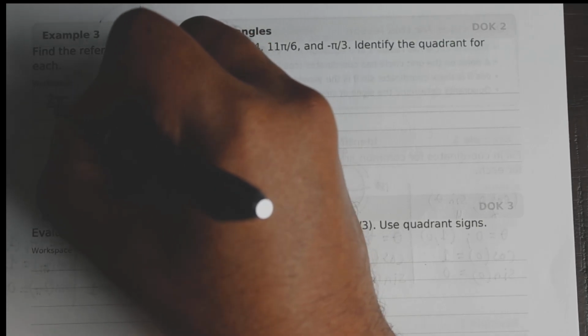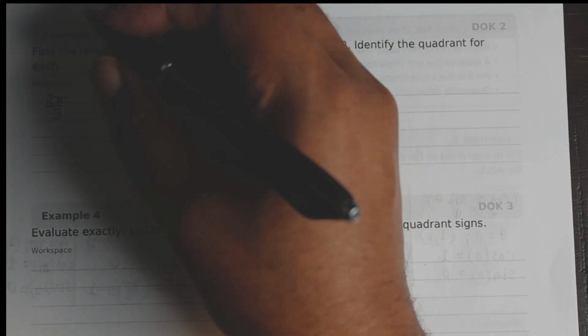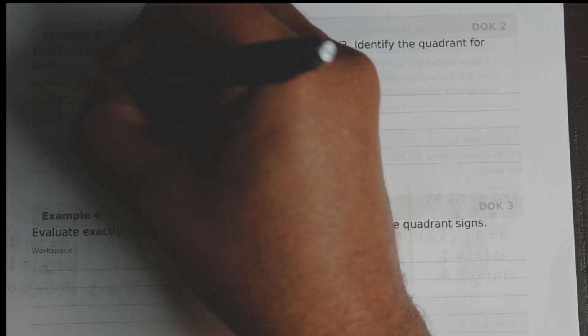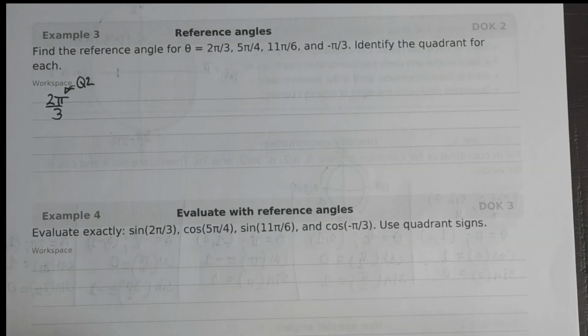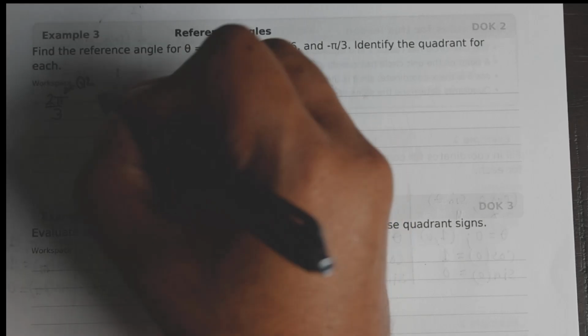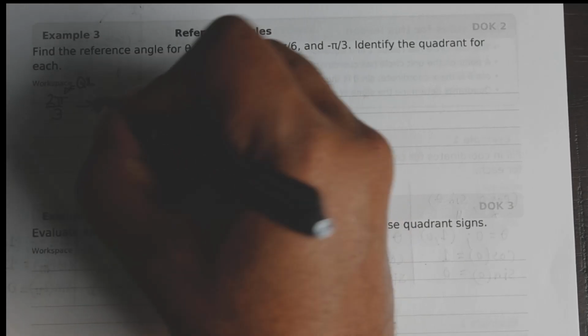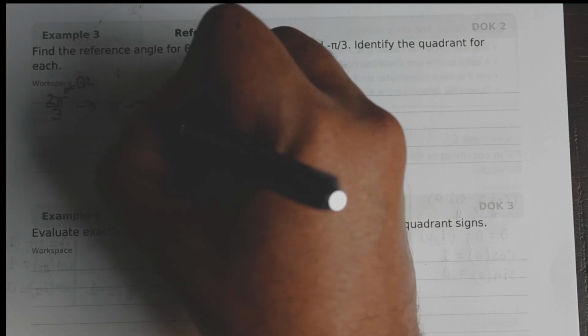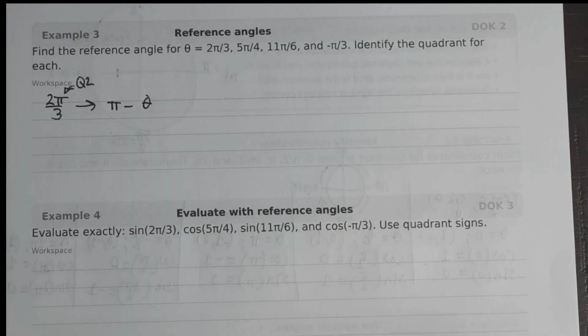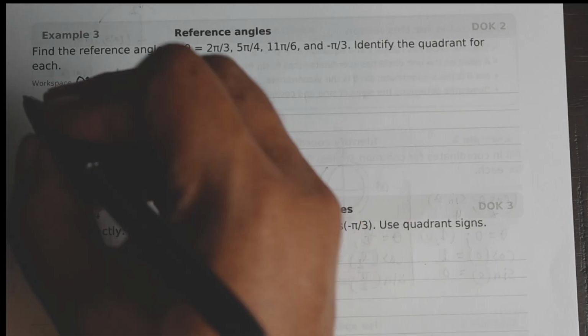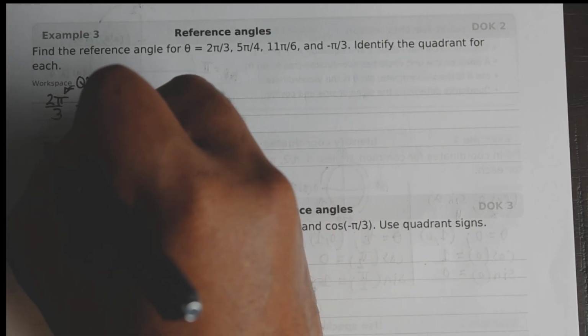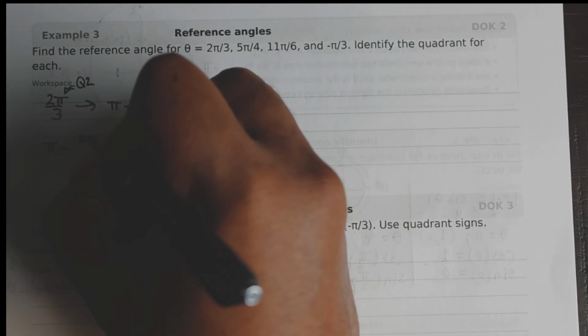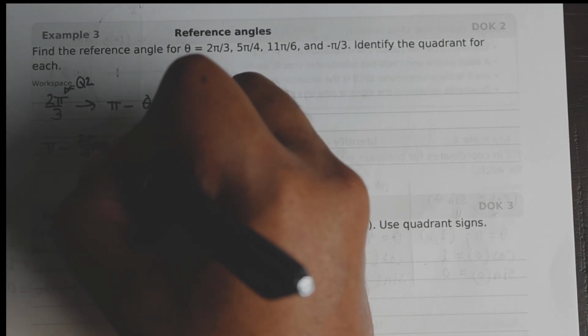So we want to start with 2 pi over 3, and that is in Q2. Okay. All right, that is in quadrant 2. In quadrant 2, the reference angle is pi minus theta. So essentially, we would look at it like this: pi minus 2 pi over 3.